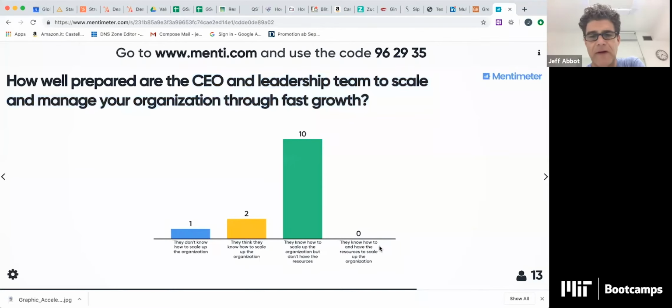there seems to be a fairly large consensus here that the folks responding know how to scale and simply don't have the resources. And going back to our prior questions, the resources can come from two places.